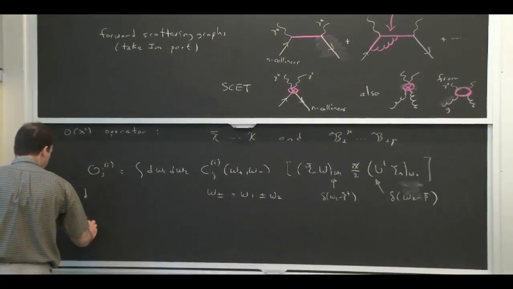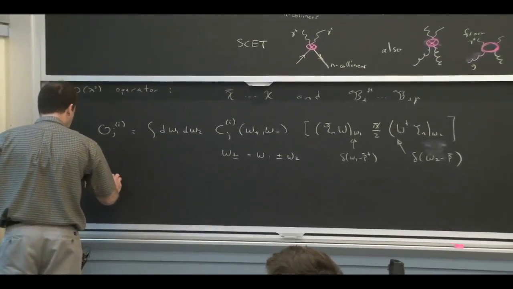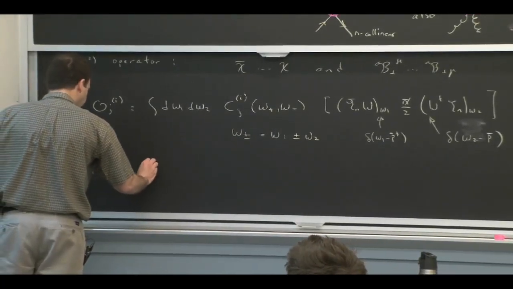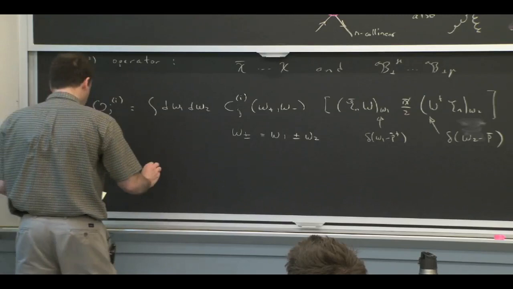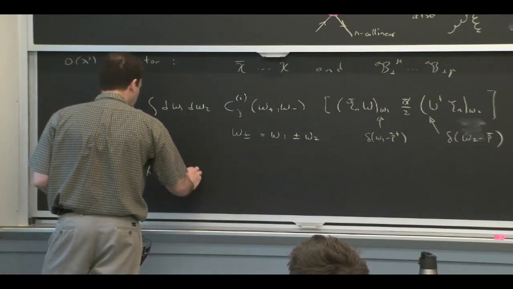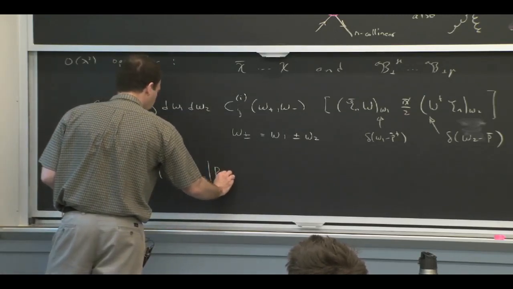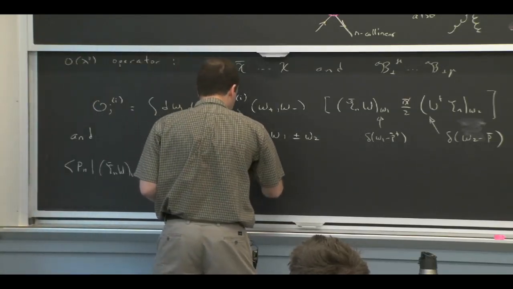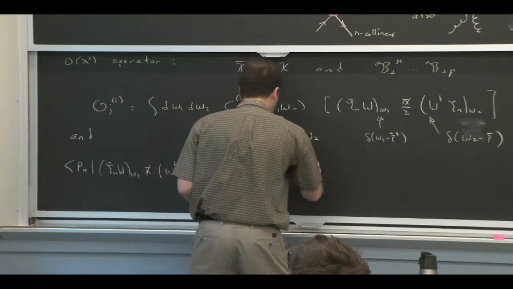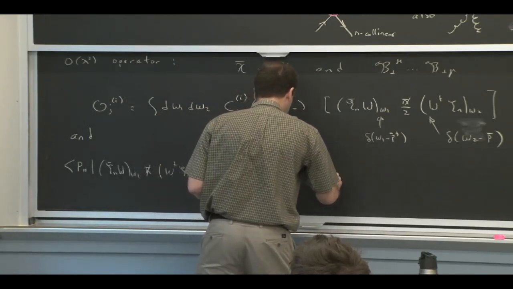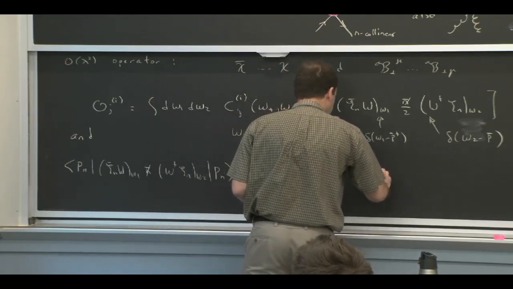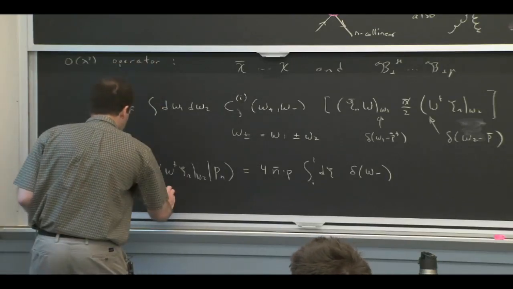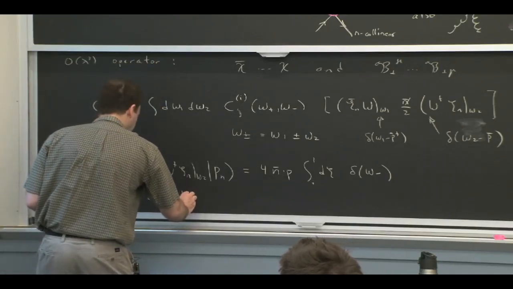So we have a collinear proton, and then we have this operator, and then we have the collinear proton again. And this matrix element can be written as follows. So this is the last formula we had last time.